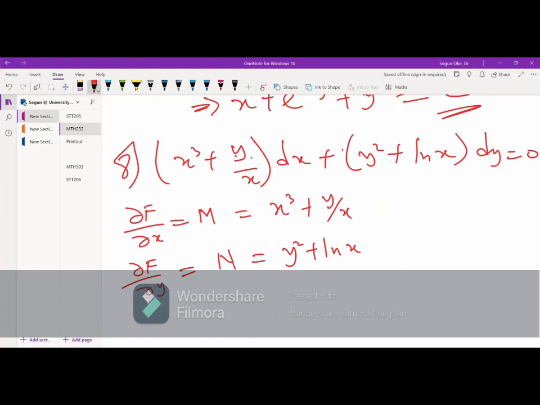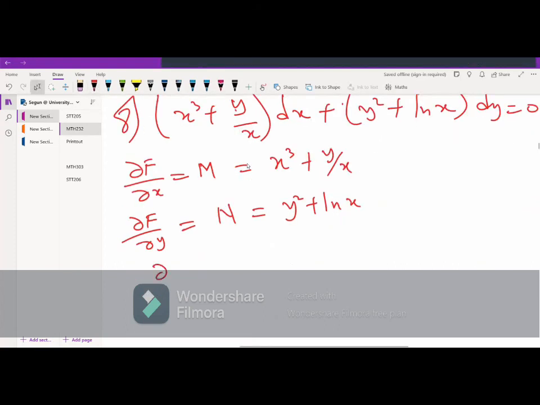So let's differentiate the m with respect to y. How do we differentiate this? What's the answer? Anybody? Maybe I should call the name.